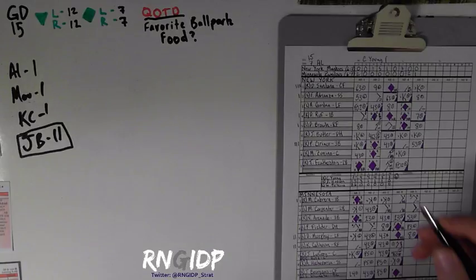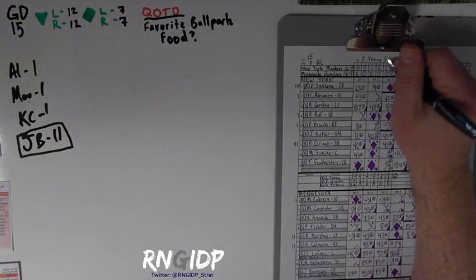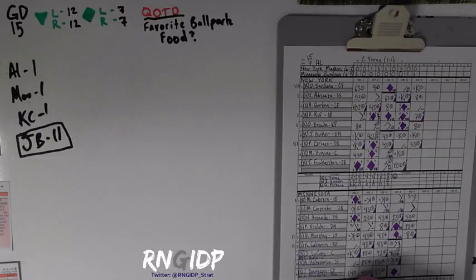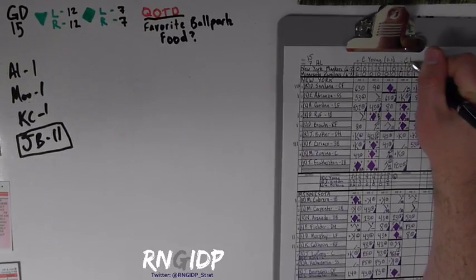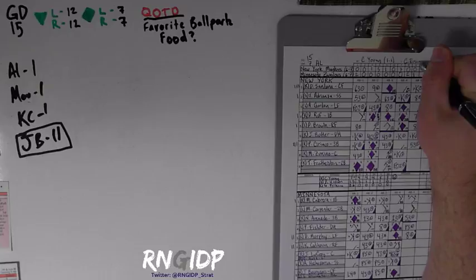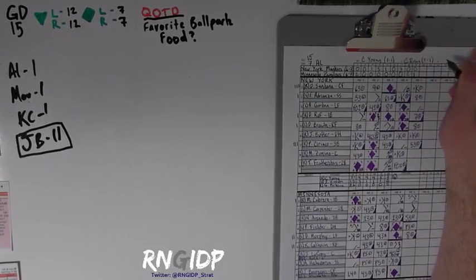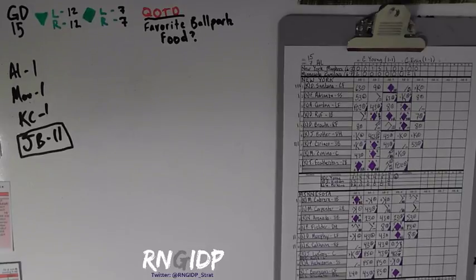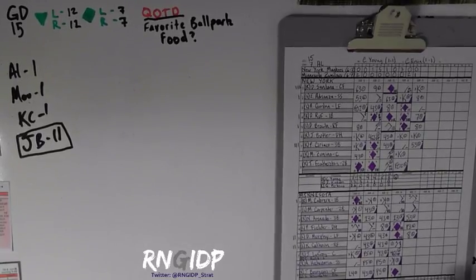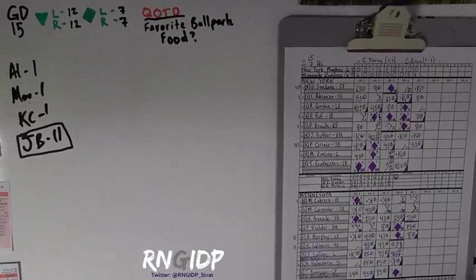Okay, he is 1-1. The loser was Chris Rusin, and he drops to, excuse me, 1-1 himself. There was no save. Brandon Brock got the last 3 outs and didn't give up anything. Struck out 1.